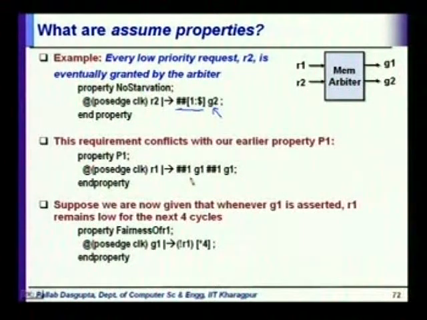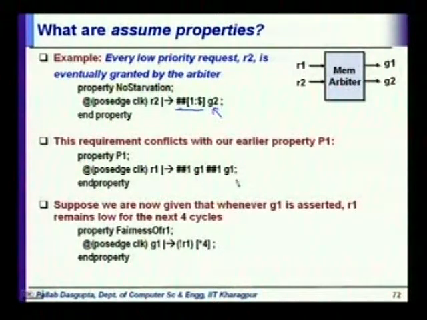First of all, do you see what is the conflict? R1 can be high forever. If R1 is high forever, then this property will imply that G1 has to be high forever. But if G1 is high forever, then we cannot assert G2 anywhere in future.